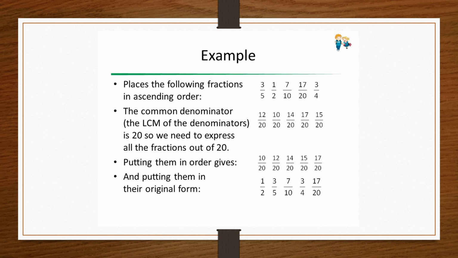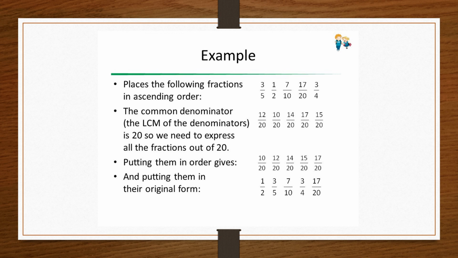Now if you put them in ascending order, you just see the numerators. Denominators are all the same. So 10 by 20 is smaller than 12 by 20, is smaller than 14 by 20, is smaller than 15 by 20, is smaller than 17 by 20. Now if you write according to the question, 10 by 20 is 1 by 2, so 1 by 2 is smaller than 12 by 20, which is 3 by 5, so smaller than 3 by 5.